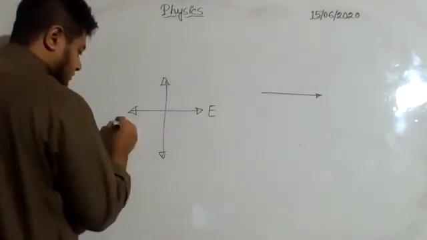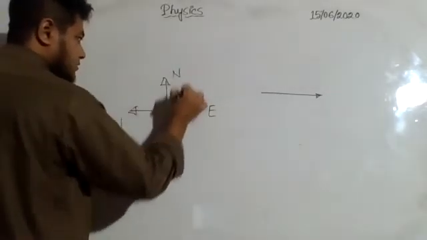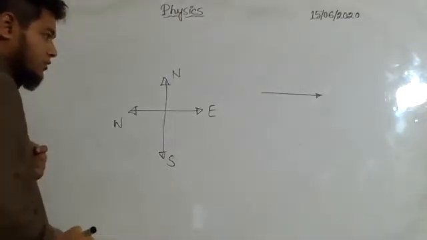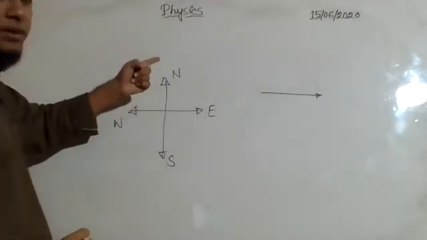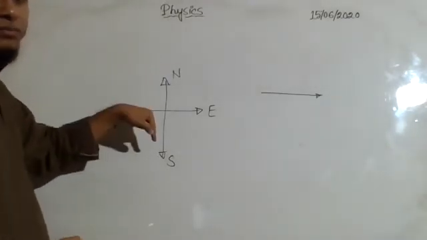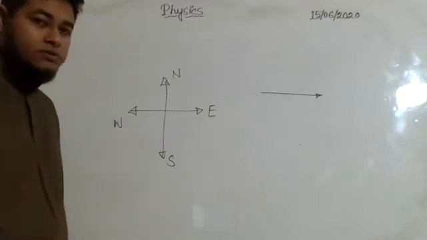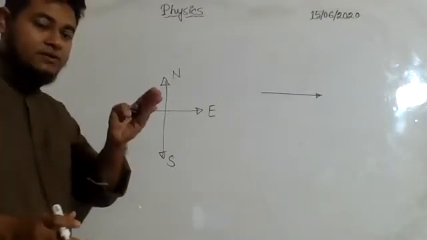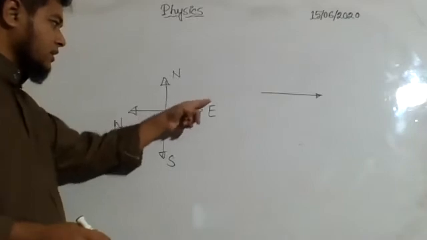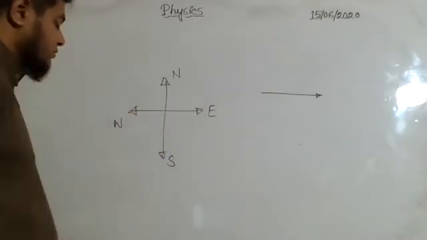This is east, this is west, this is north, this is south. Always remember, the upper direction is north, downward is south, and if you keep the south on your right side, the side you will be facing will be east, and the opposite of east will be west.